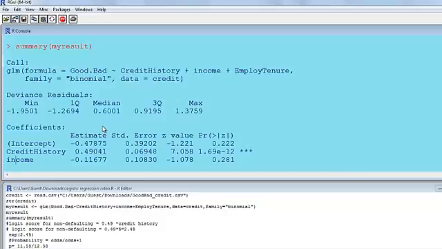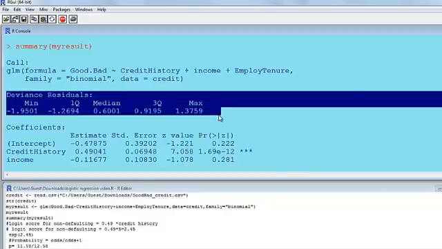First of all, it tells you about the model we have run. That means it gives you the formula and the data frame. Then it tells you about the deviance residuals. They are actually the residuals from logistic regression, but they are not very useful, as we fit the logistic model with the maximum likelihood function.